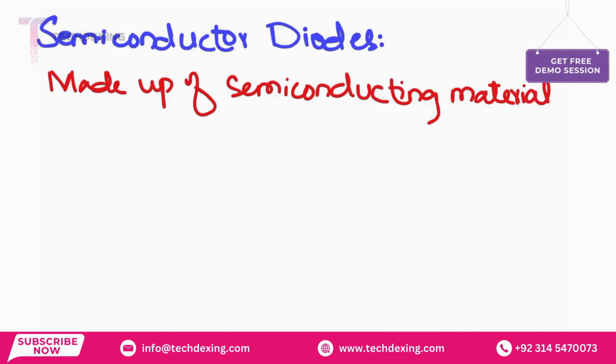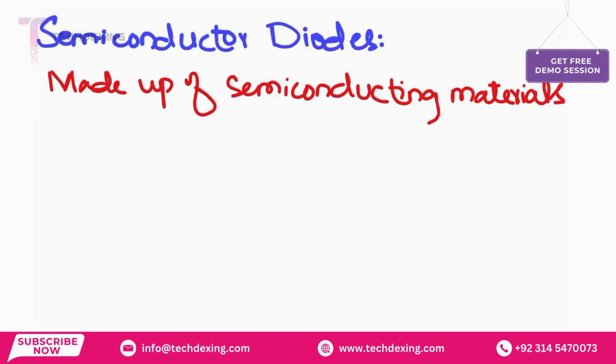And if we talk about the semiconductor diodes, they have a special place in physics. The next point is their representation, which is very important, because whenever you talk about circuits, you would come across circuit diagrams, and these contain the circuit symbol for the semiconductor diode.